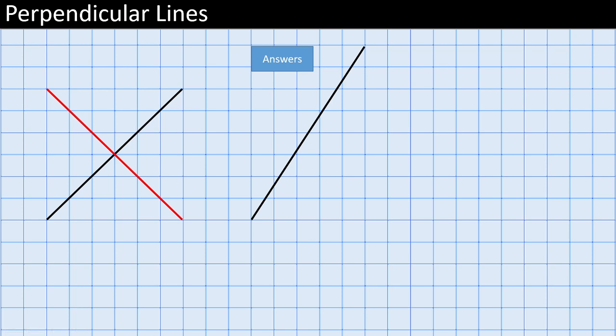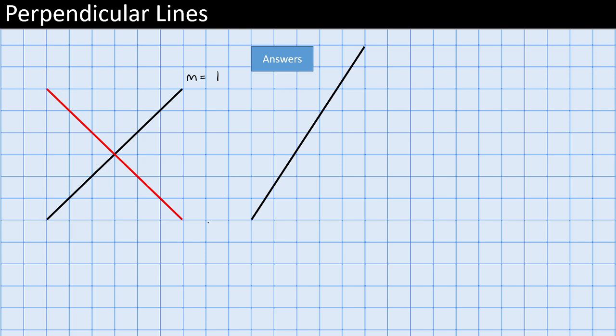If you take a look at the two lines that I've got there on the left, you can see that these two lines are perpendicular. They are at right angles to one another. Now this black line, if we check this out, has a gradient of 1. For every one step across, we go one step up.